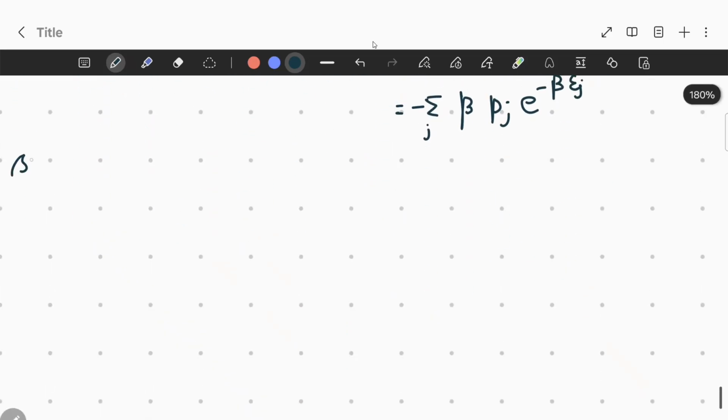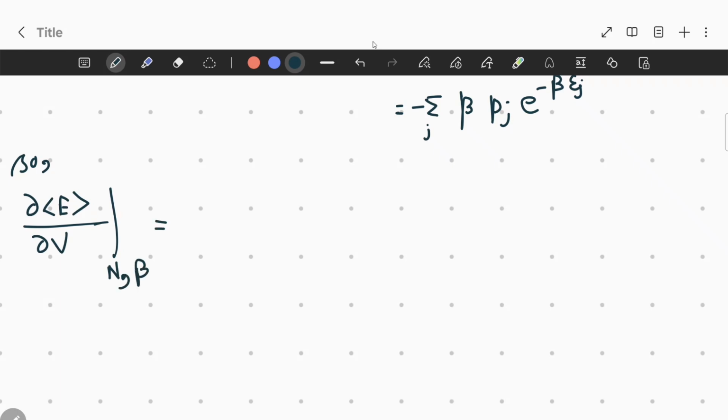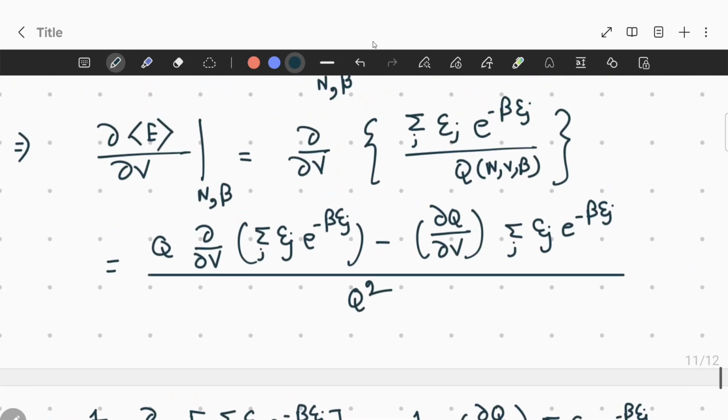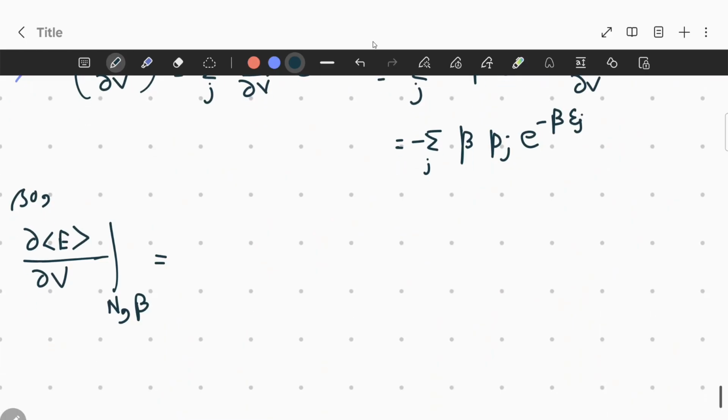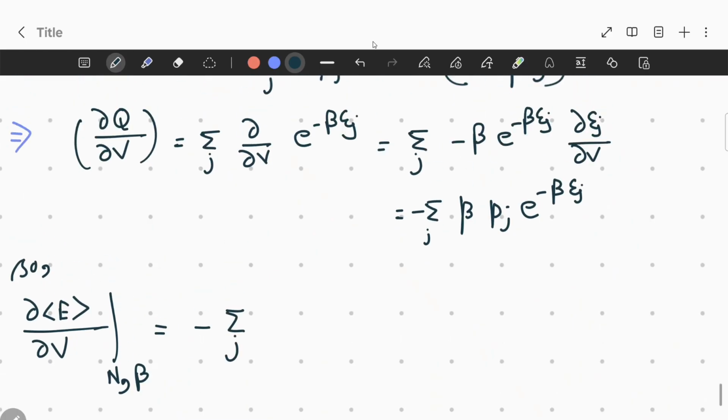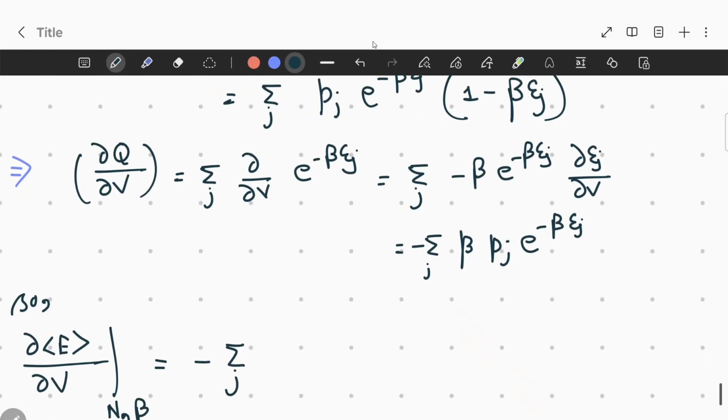So this will be from the first term. This part we calculated, but there is 1 by Q, so this overall term will be divided by Q. So it is minus sum over j, EJ e to the power minus beta EJ, 1 minus beta EJ.